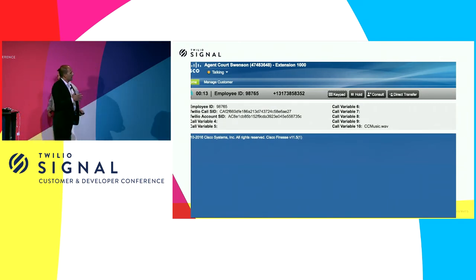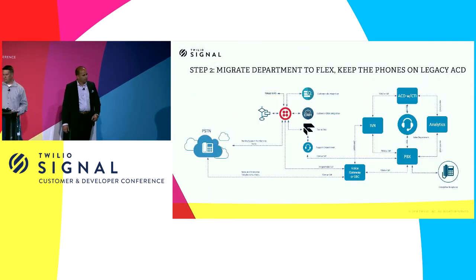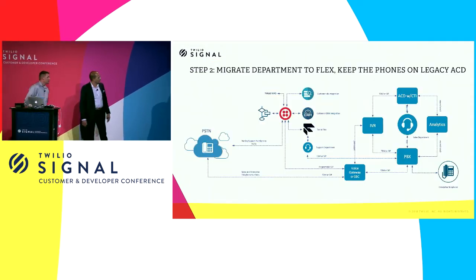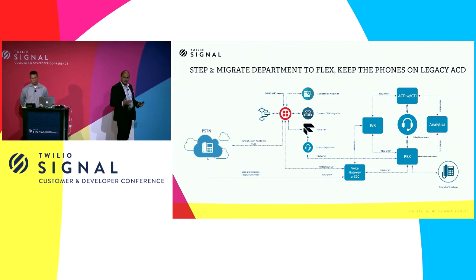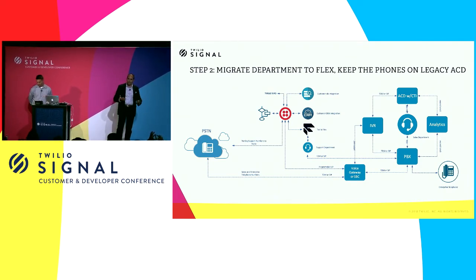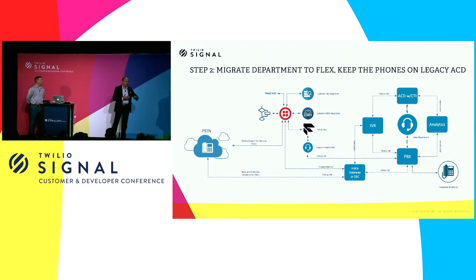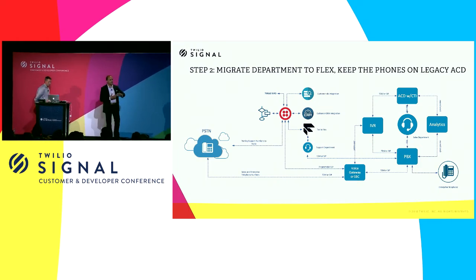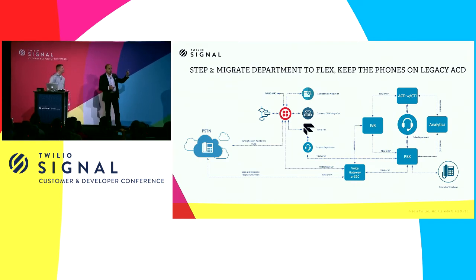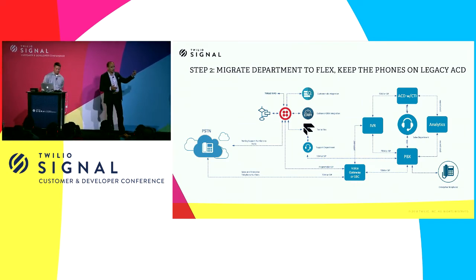So we moved the IVR over to Twilio. The next step is let's just move some agents. Again, we are trying to maintain and leverage the legacy and existing technology until it depreciates. So what we are going to do in this step, we're going to move the agents over to Twilio. We're going to be queuing that department in a Twilio Flex.